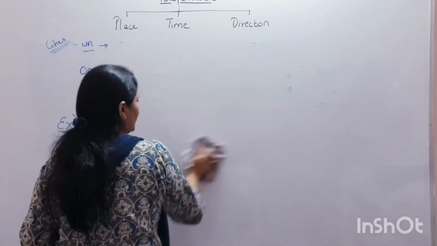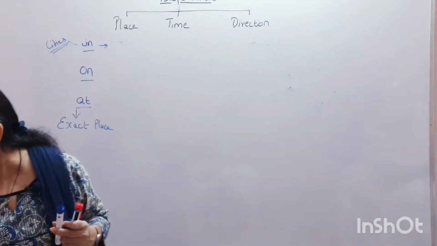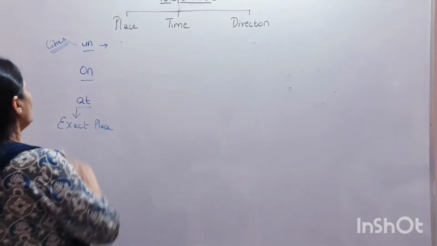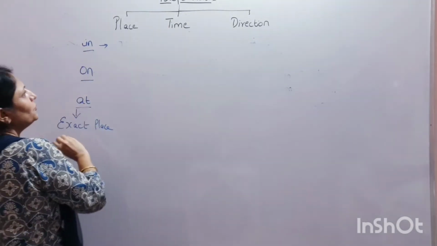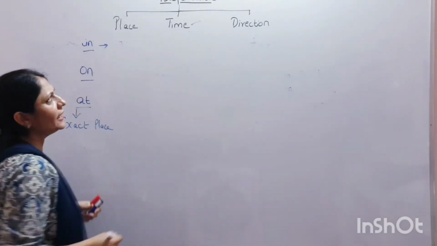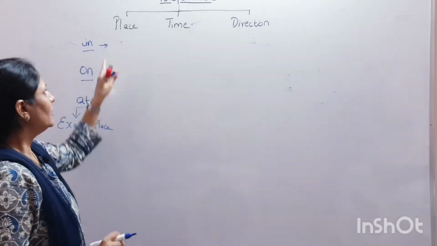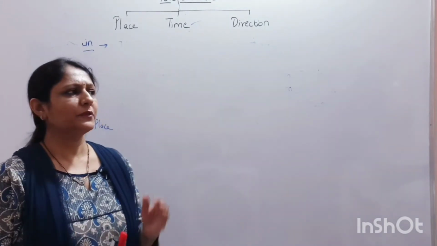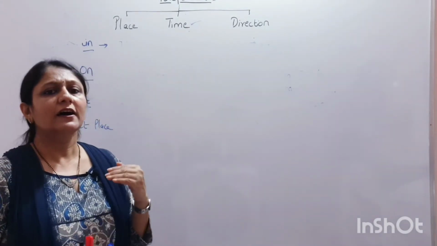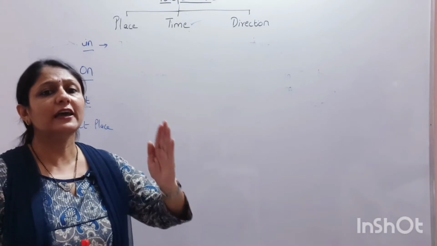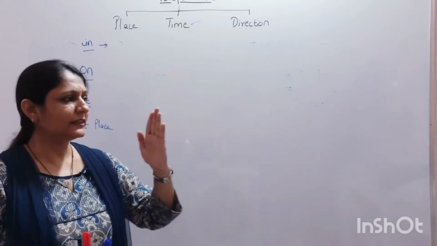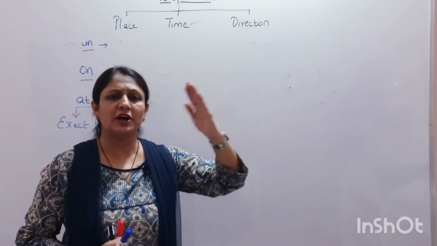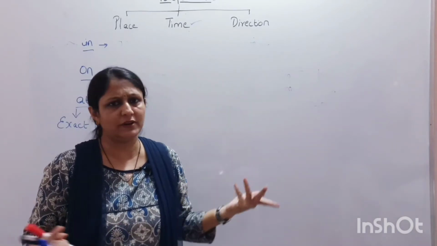I hope this is very clear to you, students. These same prepositions in, on, at are also used to describe the time of anything. Now let's start with in. Suppose if I say, I will come in 5 minutes. That means I am telling you the time in which I am going to come wherever I want to come.